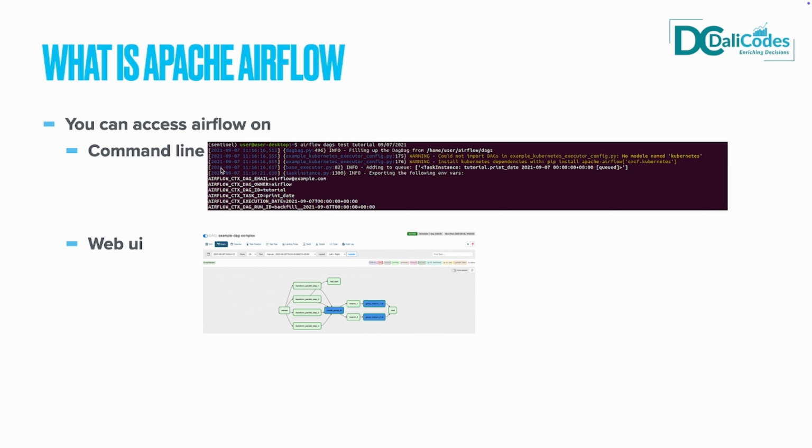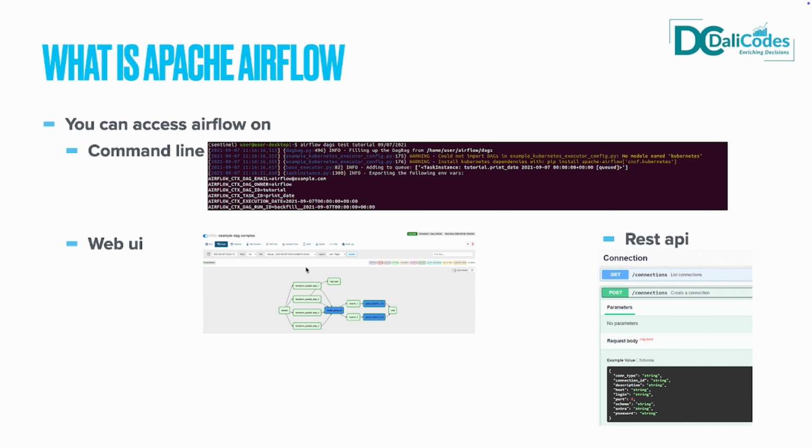So we have command line, we have Web UI. You can access it through a RESTful API. Here we have Swagger documentation, which you can use to understand how the endpoints look like. You can access it through a RESTful API if you want to build a front end on top of Airflow that is tailored for your own organization or your own need.